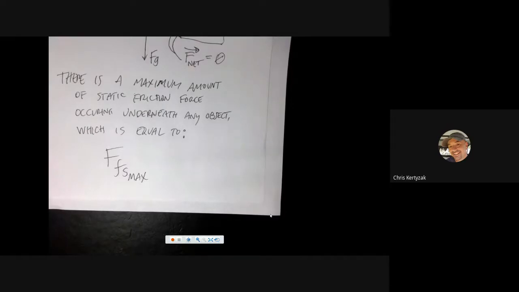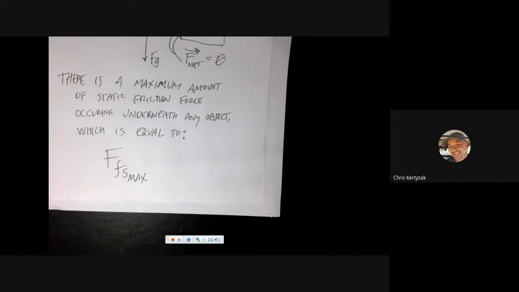You push a little harder, still doesn't budge, it means the friction force increased to match you. You push a little harder, still not moving, that means the force of static friction increased to match you. It will always match you up until some point where it says, I can't go any more than that. You won. At that point, it gives way to motion, and the door will move in the direction you are pushing it.